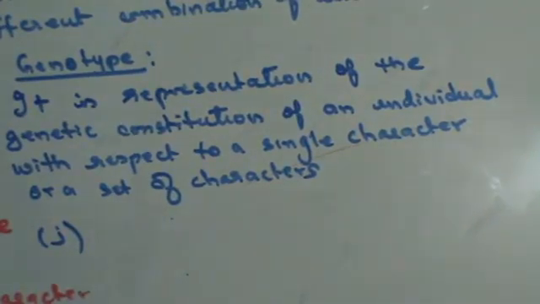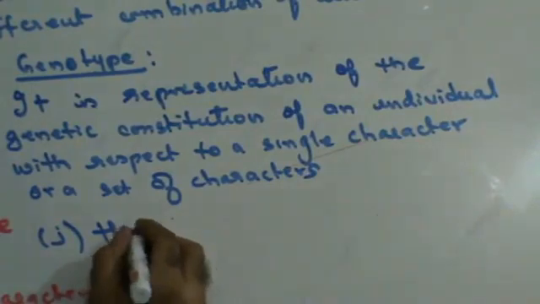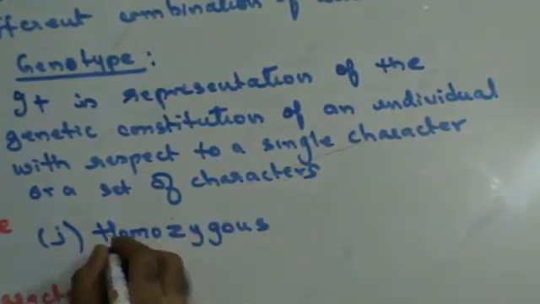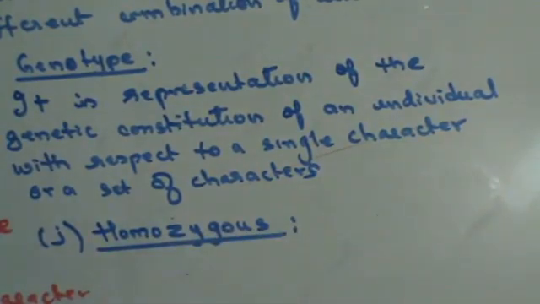Next, what do I mean by homozygous? Now, if the individual possesses similar alleles, I have two chromosomes that would express a character. Both the chromosomes are the same. Both represent tallness or both represent shortness, then that would be called homozygous.